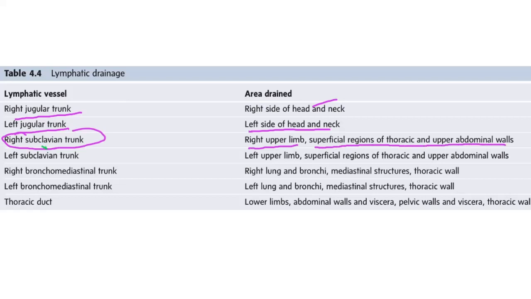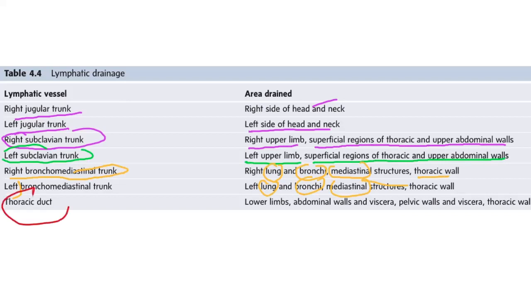The left subclavian trunk drains the left upper limb and superficial regions of the thoracic and abdominal walls. The right bronchomediastinal trunk drains the right lung, bronchi, mediastinal structures and thoracic wall. The left drains the left lung, left bronchi, mediastinal structures and thoracic wall.